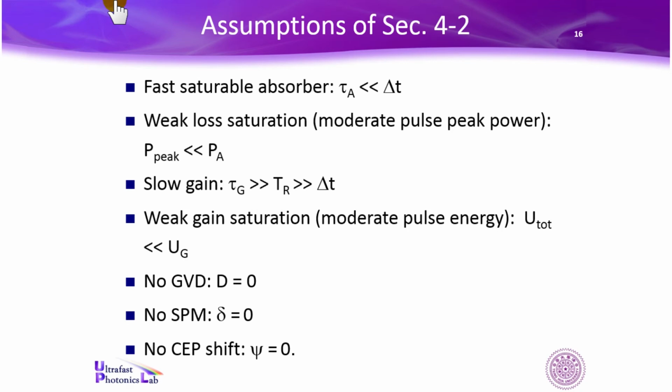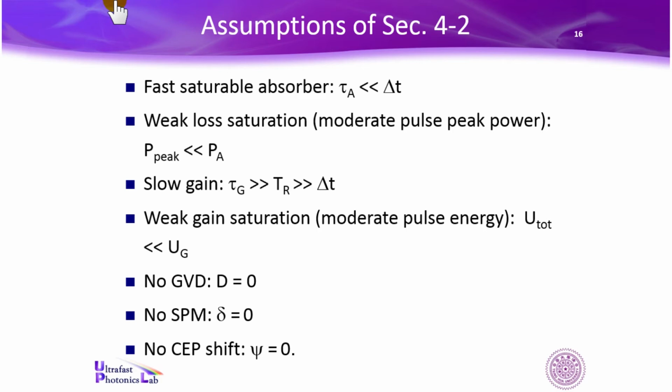So here I summarize the assumptions we made for section 4-2. We assume the absorber is fast, so tau A is much smaller than delta T. Delta T means the pulse width. Tau A means the recovering time of the absorber.